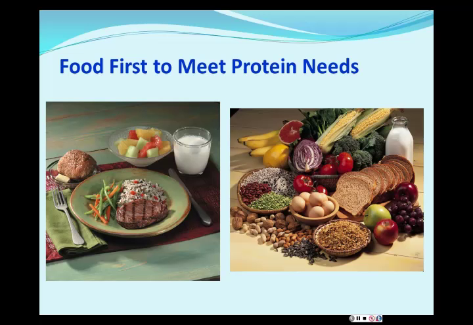Protein supplements are pretty unnecessary for healthy adults if you're eating a good balanced diet with the different food groups. Nature does it best: simple, fresh, whole foods are the best option, promoting health and giving you more energy and all of the natural nutrients that you need. So food first to meet protein needs, and then go from there if you need to.